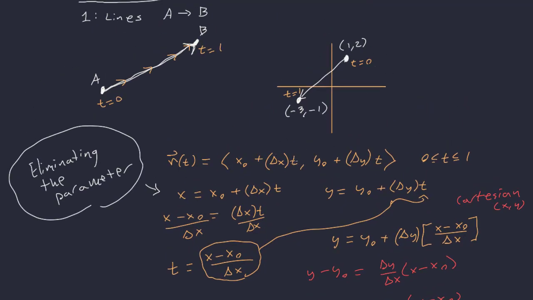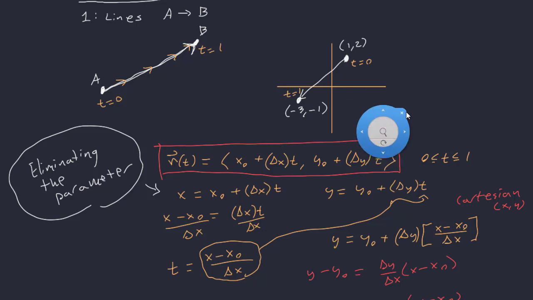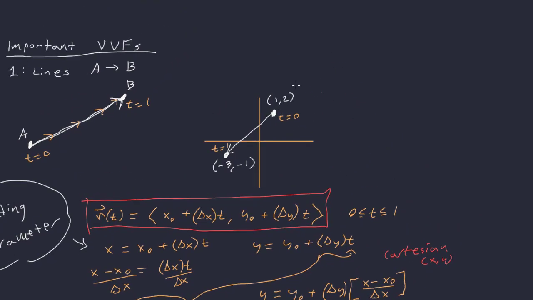Well, if we have our original points here, okay, if our starting point is 1, 2, well, in this case, that is going to be our x naught, y naught. So that's what's going to go in here.